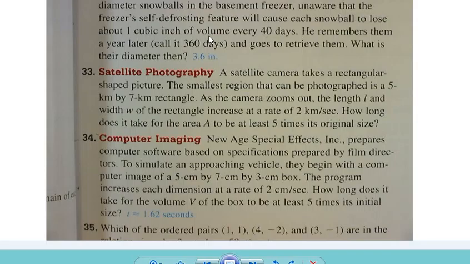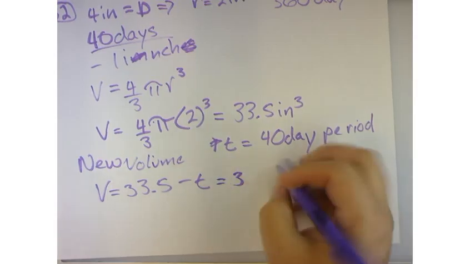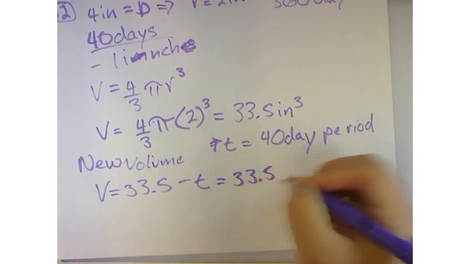I didn't catch it the first time. I thought it was 1 inch in diameter or in the circumference, but it's the volume, every 40 days. So after 360 days, this is the volume it will lose.